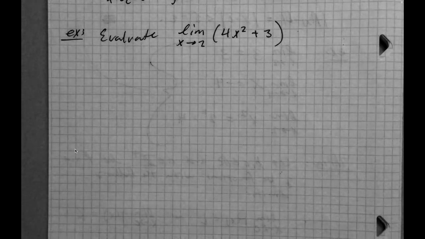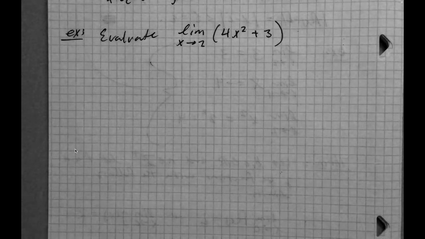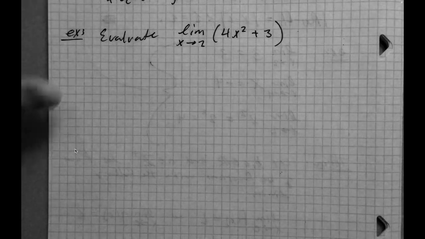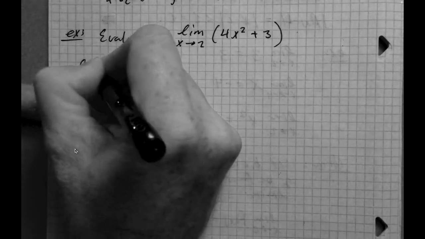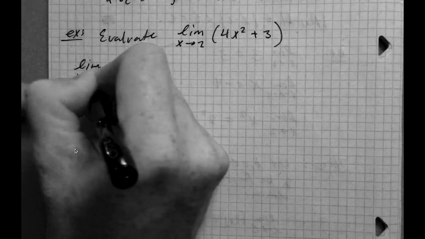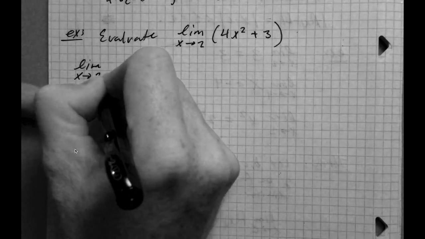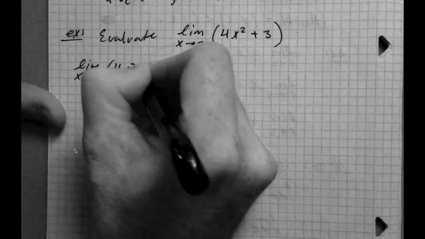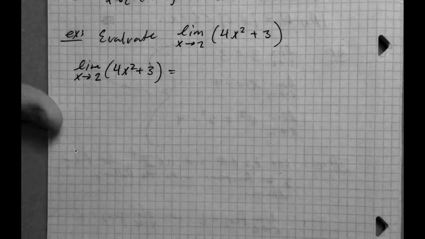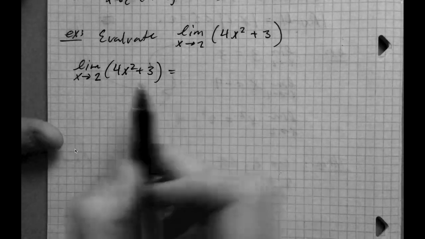In practice, you'll get much faster and you won't have to explicitly show everything. But what you could do here would be to say the limit as x approaches 2 of 4x squared plus 3. Well, first of all, you can break that apart.